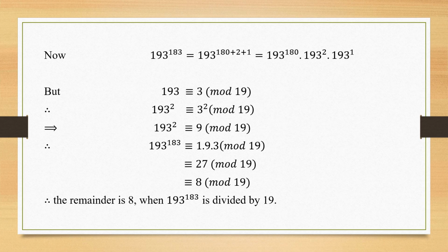So finally I have my values for 193 to the power of 180, 193 to the power of 2 and 193 to the power of 1. All the values: 1 into 9 into 3 mod 19. If I multiply 9 and 3, I get 27, and dividing it by 19, my remainder is 8. Therefore the remainder is 8 when 193 power 183 is divided by 19.